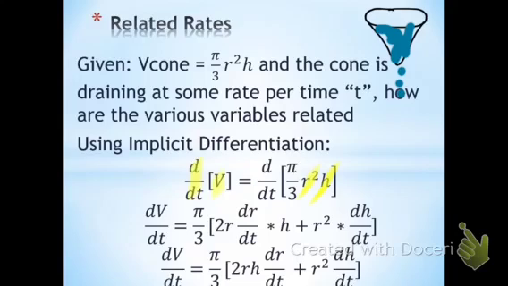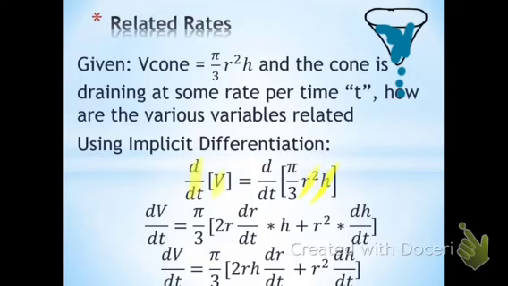Alright, and so this falls back to the topic, our last topic, on implicit differentiation. If I want the derivative of v with respect to time, it's just going to be dv/dt. There's no exponent, there's no coefficient, so I'm just talking about the derivative of v with respect to t.